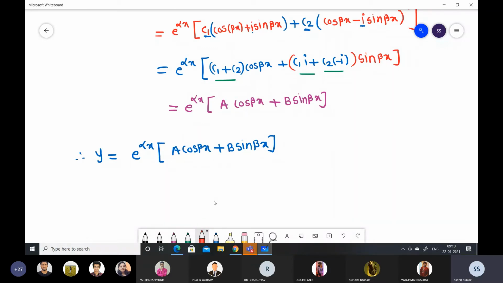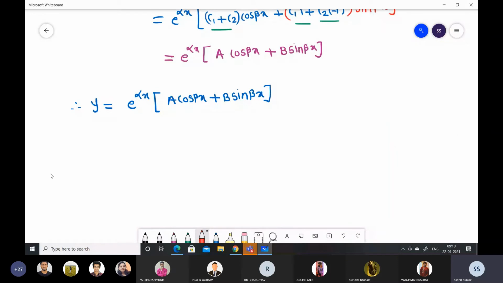Let me summarize this case. If m1 is equal to alpha plus i beta is a complex root of a given auxiliary equation, then by default you will get m2 as alpha minus i beta.